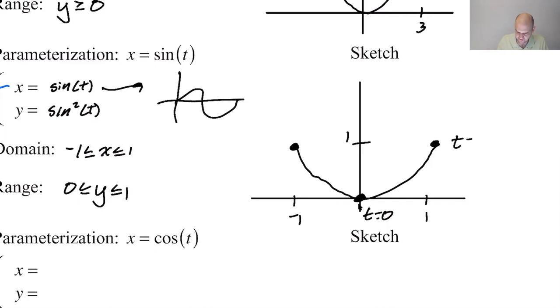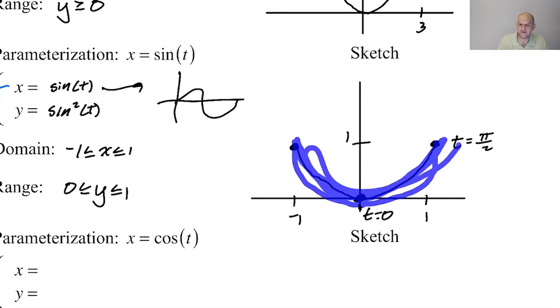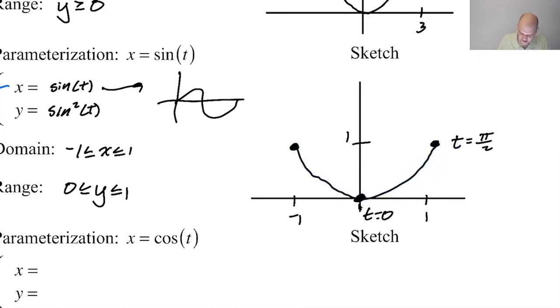So you're going to be here when t equals pi over 2. So at first, you're going to go like this. But when you get back here, you're going to go back to the origin. Then you're going to go to a minimum, then back to the origin. And it's kind of like a pendulum that we've made here. So this is really hard to put any sort of arrow on.